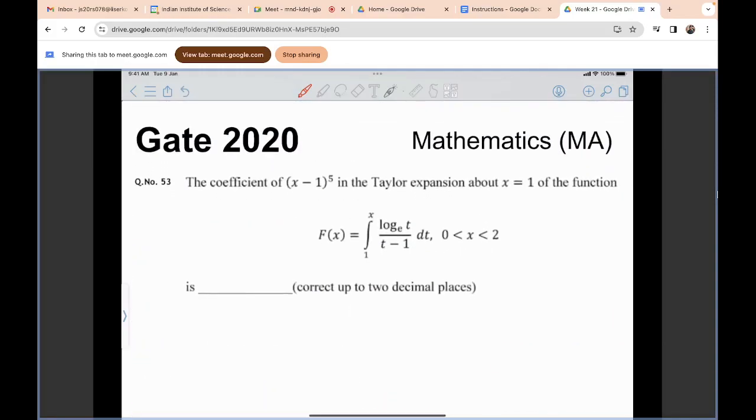So the answer is 1 by 25, correct up to 2 decimal places. So this is 1 by 25, which is 0.04.